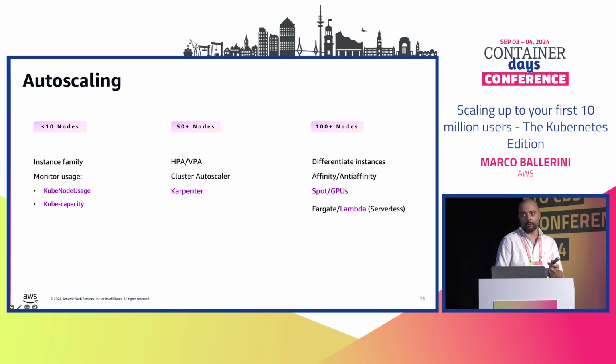When you get to 50 nodes, probably you want to look into autoscaling, and those are the traditional HPA and VPA, cluster autoscaler, or we have Karpenter. Karpenter is an autoscaler managed by AWS that responds automatically to changes in application load. So every time there is a bunch of pods that are pending, Karpenter provisions an instance for you.